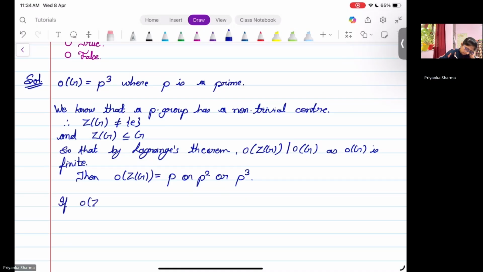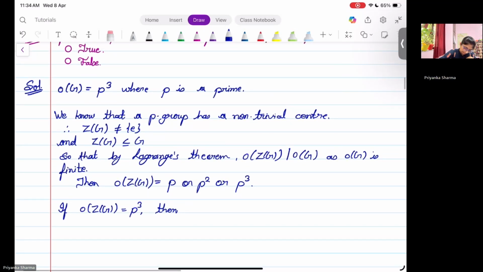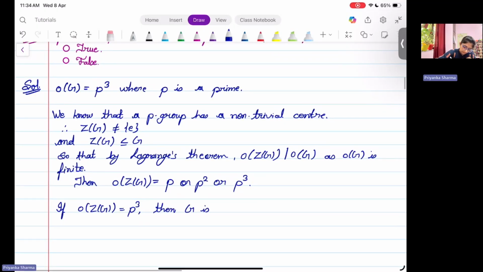So if the order of Z(G) is p^n, then we can say that G is an abelian group.